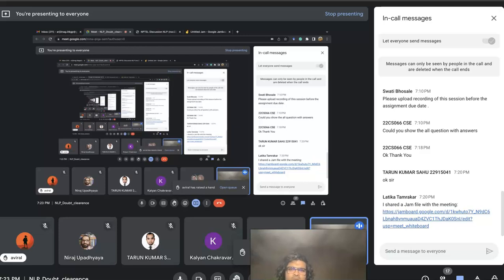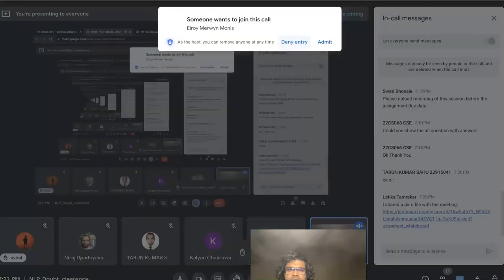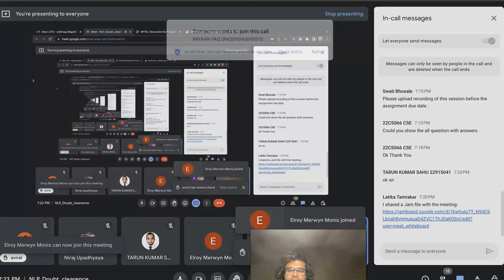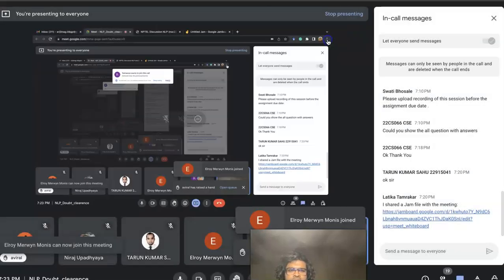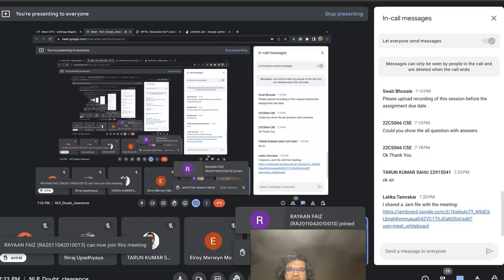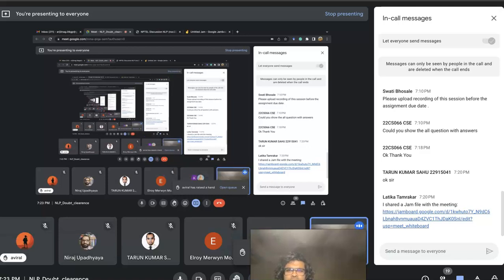But I think you will find, if you search for something like language model, bigram language model, numericals, many PDFs from different universities. These universities provide this kind of assignment, so you will find these PDF files online. You can take those PDF files and solve them.